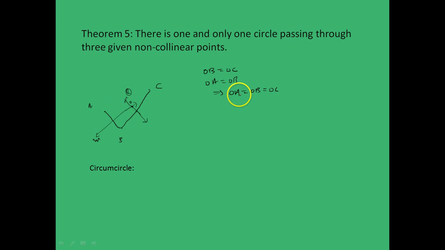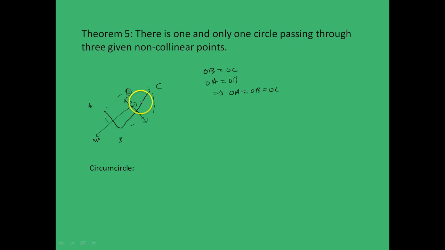So in a way, we can treat OA, OB and OC as the radii and O as the center and draw a circle which passes through all these 3 points, where these serve as radii. So we have proved that at least one circle passes through 3 non-collinear points.